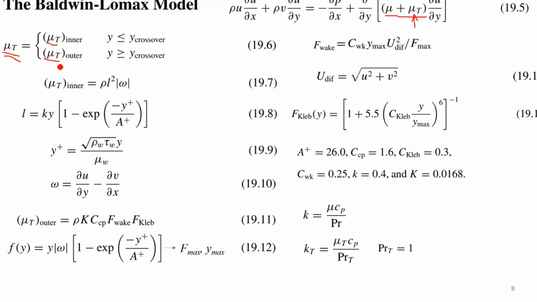Inside the inner layer, turbulent viscosity is proportional to density, characteristic length, and angular velocity of the fluid, where the characteristic length is defined by this equation.